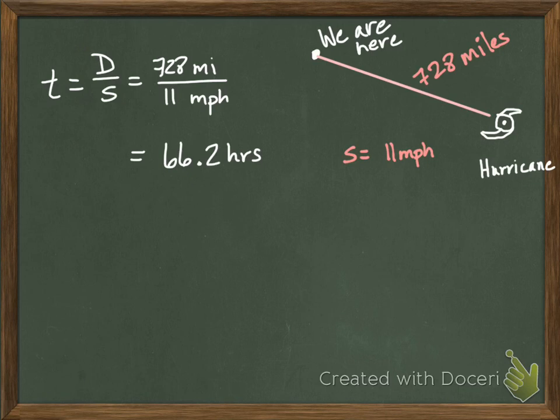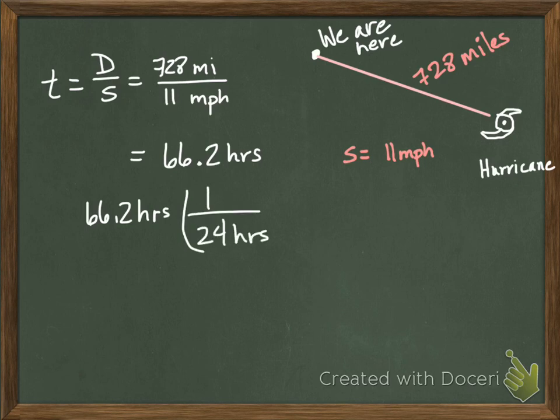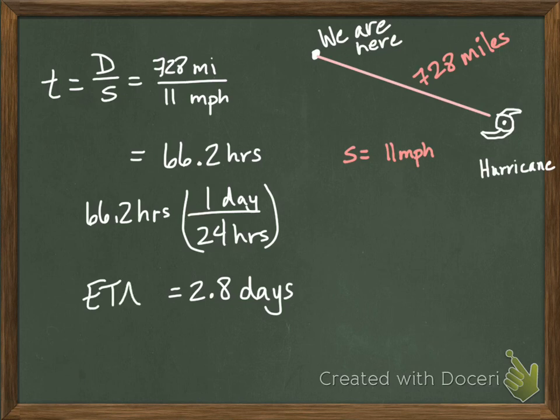And if I convert that to days, so I have 66.2 hours, and there are 24 hours in one day, then that works out to 2.8 days. So I have less than 3 days to get everything situated or to get all my stuff put together and to evacuate. So our estimated time of arrival then for the storm would be 2.8 days. Okay, that's all I have for this video.